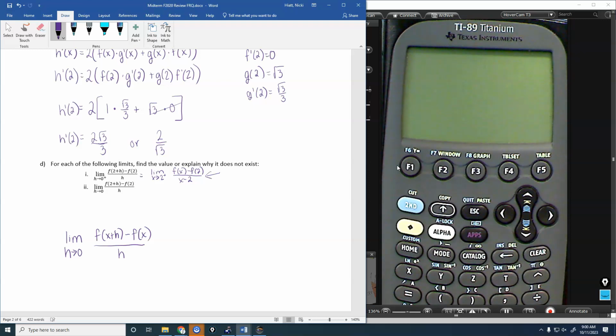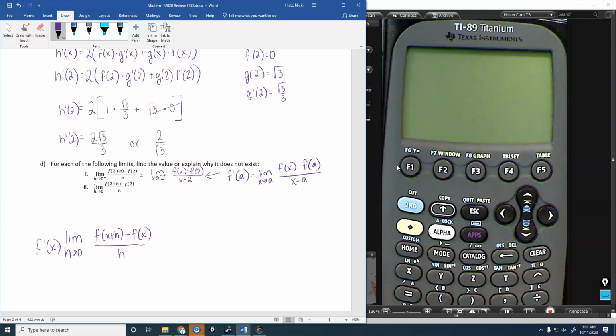This is f prime of x. This is f prime of a, where you're actually plugging the number in. So this would be the limit as x approaches a of f of x minus f of a all over x minus a. It is not asking you to do that limit.